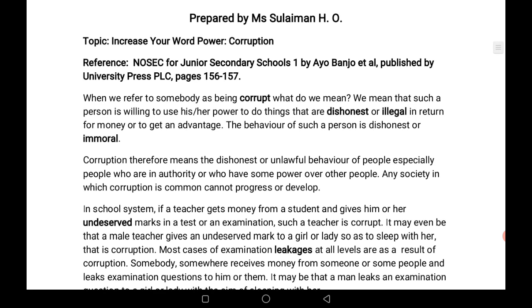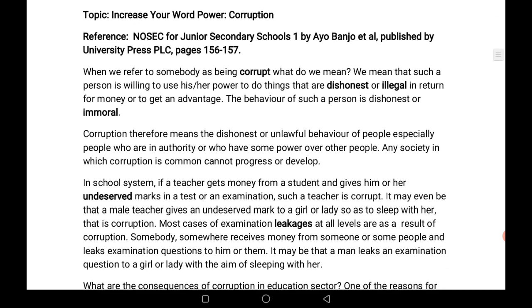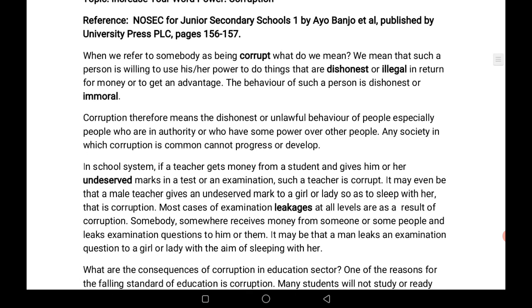When we refer to somebody as being corrupt, what do we mean? We mean that such a person is willing to use his or her power to do things that are dishonest or illegal in return for money or to get an advantage.